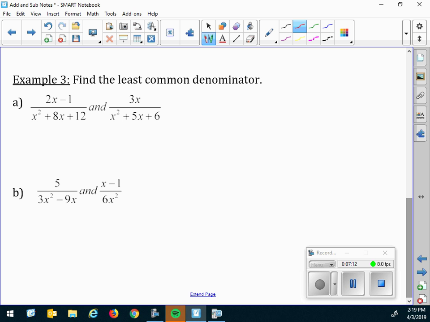How does this factor, folks? 8x plus 6x... x plus 6 times x plus 2. Good.